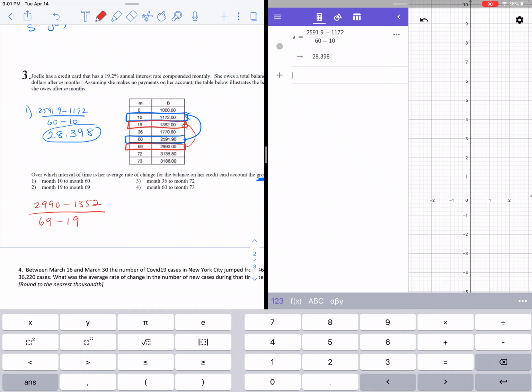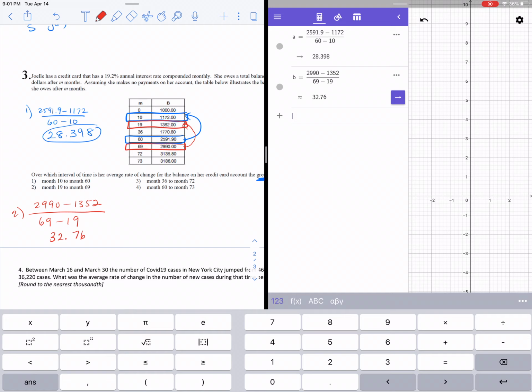So I must see this work in the 2 examples that follow. 2990 minus 1352 over 69 minus 19. So the average rate of change for that, I'm going to use the wavy equal sign to get the decimal, 32.76. So of the first 2 choices, so far 2 is the greatest.